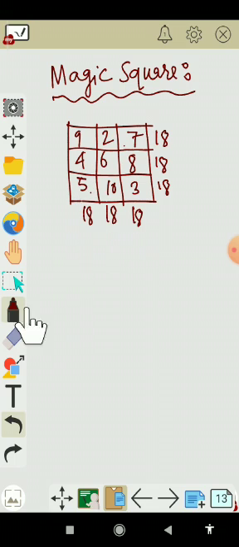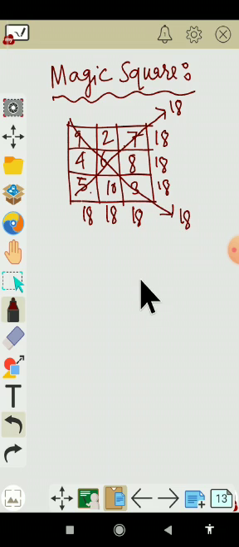And if you add diagonally, that time also you will get 18. This diagonal also will give you 18. This is possible only with certain numbers, so that's why it's called a magic square. So we have to find such numbers to make this type of magic square.